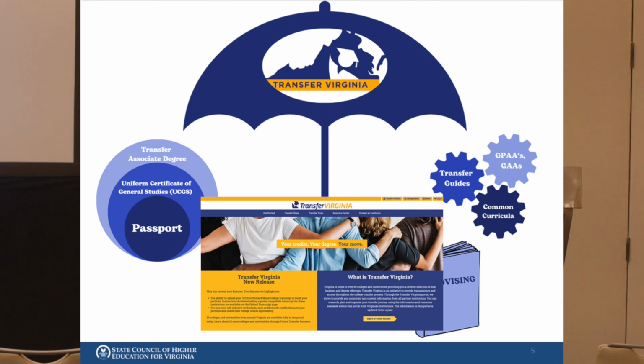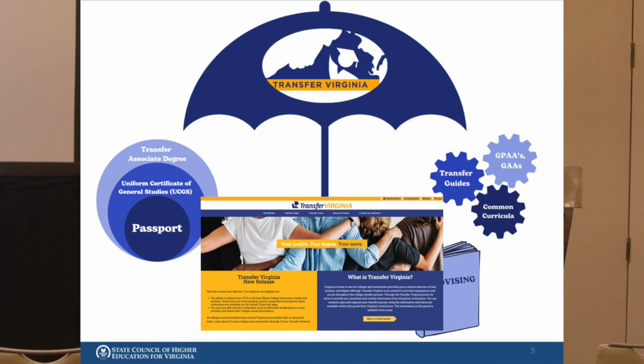And where we have those, a lot of times with the GAAs, there's always been a problem, again, with the transfer of credits. These don't outline the transfer of credits. So there are transfer guides listed there, which I like to refer to as pathways on steroids, because there are several components to those, one of them being the pathway.